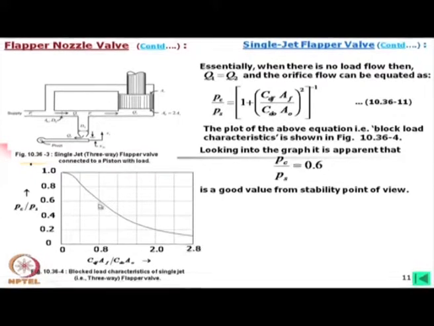This is considered as a stable condition from the stability point of view. If it is on this side, controllability will be difficult due to the fact that the control pressure is too low.